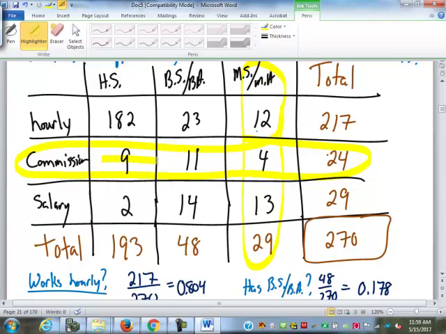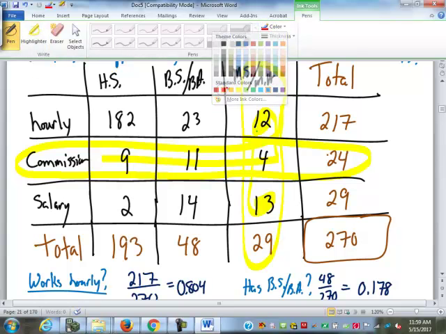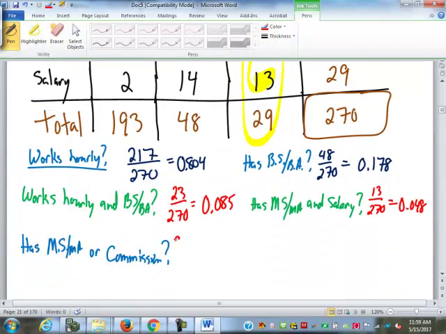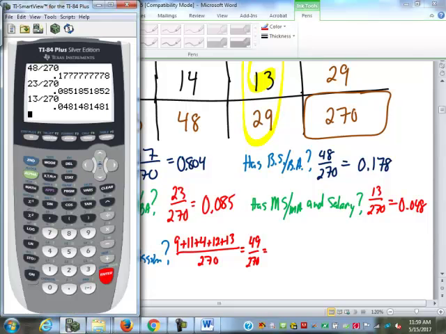So that means the 9, the 11, the 4, and the 12, and the 13. I could just add all 5 of those up if I wanted to. 9, 11, 4, 12, and 13. Of course, it's going to be out of the 270. Well, that's 20, 24, 36, 49 out of 270 is what that's going to be. So 0.18 something, 0.181.